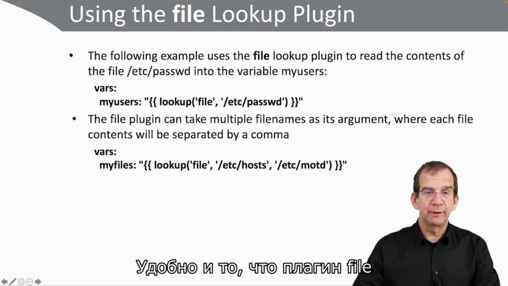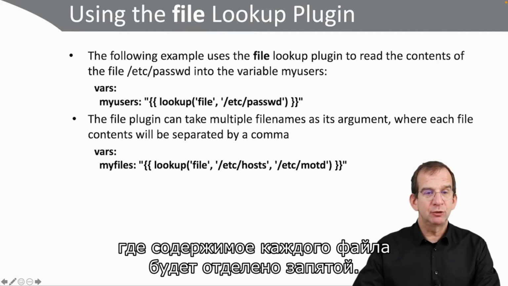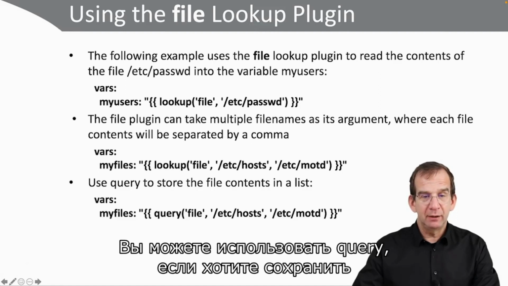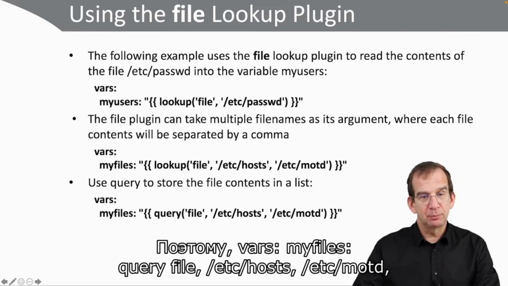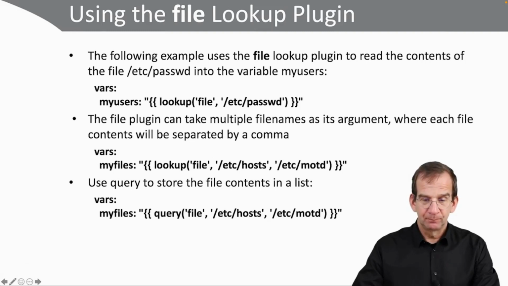Also convenient, the file plugin can take multiple file names as its argument, where each file's contents will be separated by a comma. And you can use query if you want to store the file contents in a list. So vars myfiles query file /etc/hosts /etc/motd is producing a list with the file contents.